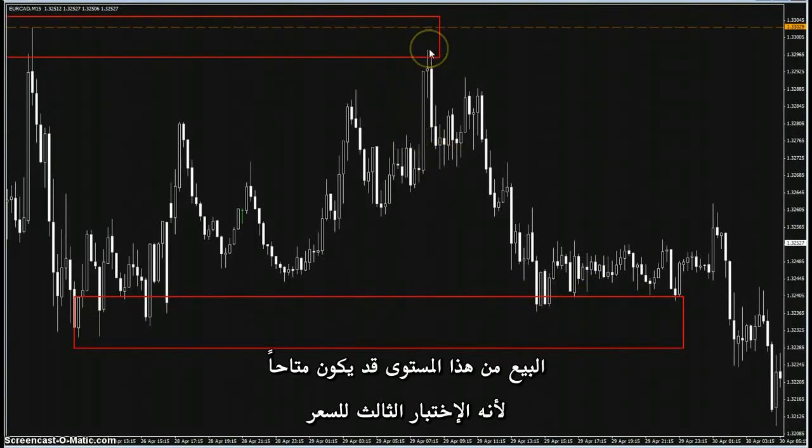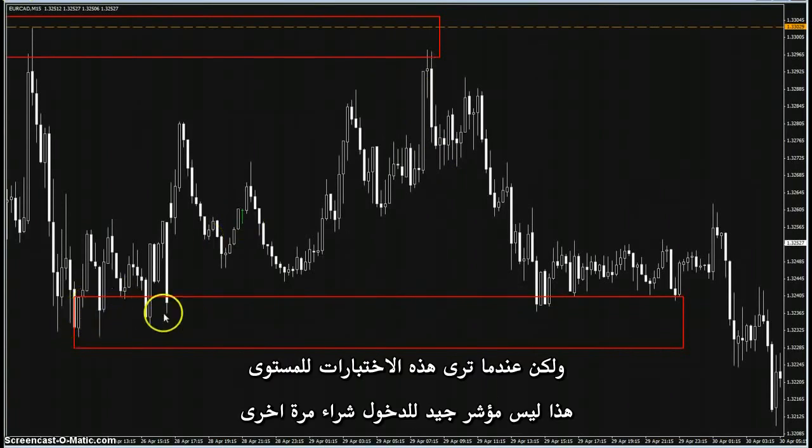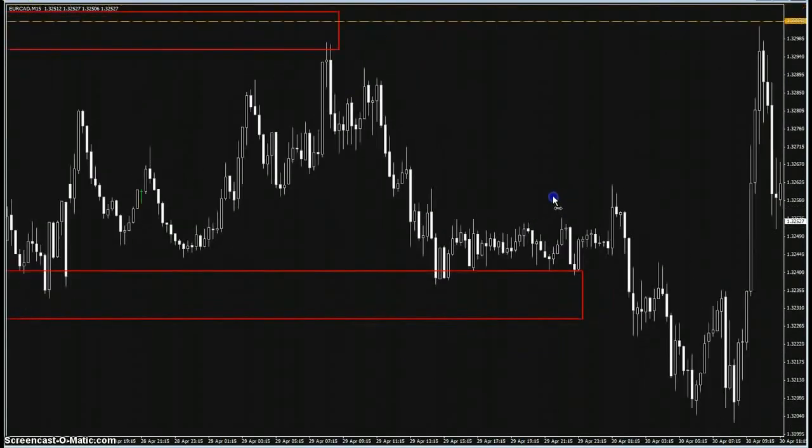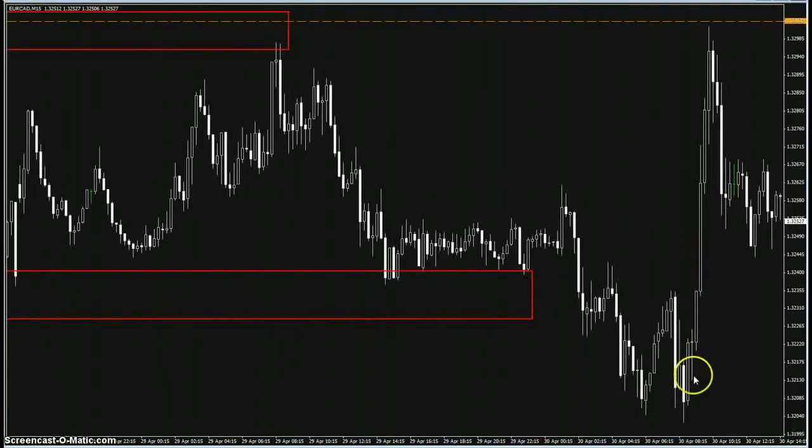Again, shorts maybe possibly appear because it's the third test of the level. But when you see all these touches in here, it's not a good sign for going long again. So that's something you always got to keep your eye on is how many touches have we seen of this level, okay?